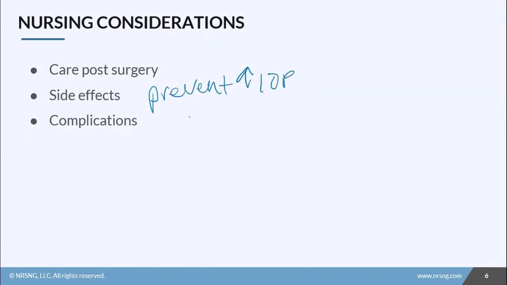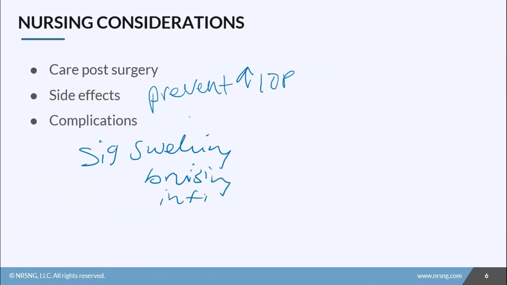Okay, so some of the different things that we want to monitor for include significant swelling, bruising, infection, severe pain. So pain is expected, but severe pain is not expected.